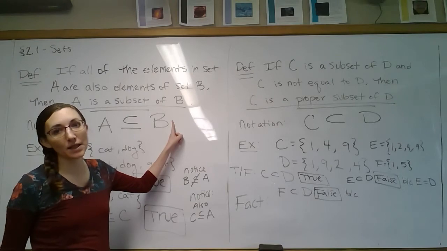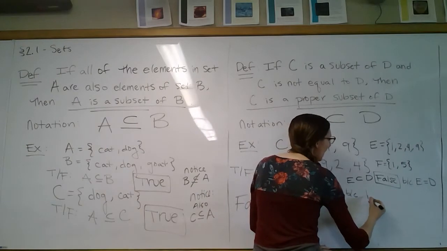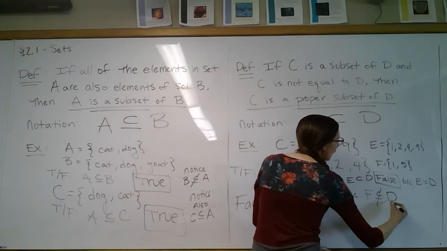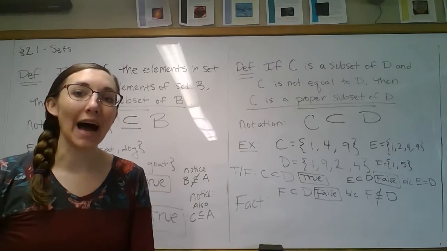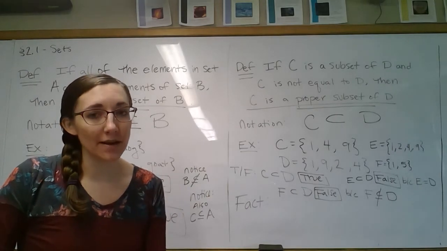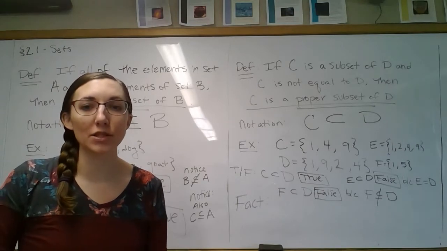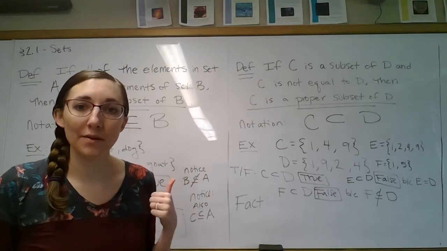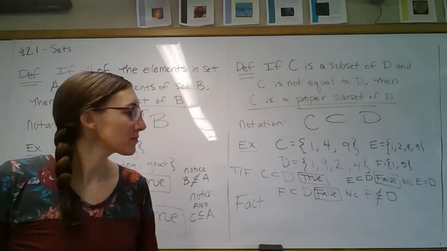It doesn't have every element in the subset being a part of the larger set. F is not a subset of D. There is an element in F that is not an element of D. So they're not even a regular subset, so it can't be a proper subset. Remember, a proper subset is just a special type of subset. Most subsets are proper subsets. The only one that's not is the one that's equal.